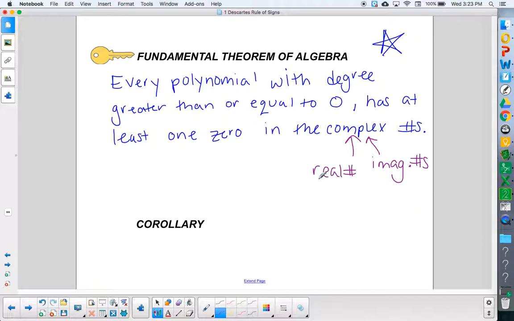And then we have this corollary, and a corollary in math just means an additional part. So like the theorem is like the big overarching rule, and then the corollary is normally something smaller that is a result of the bigger thing.